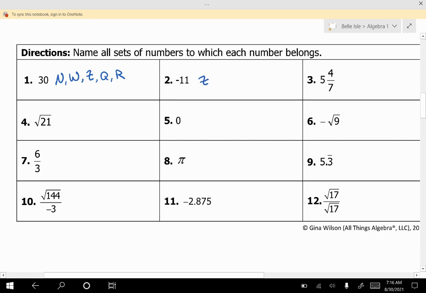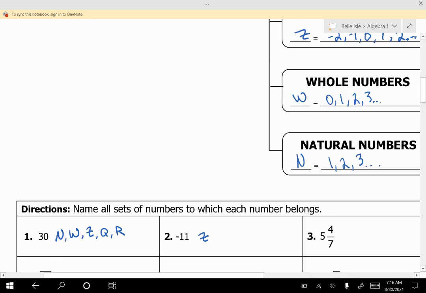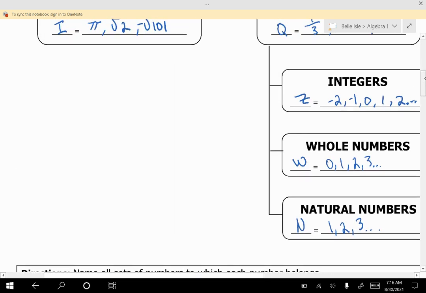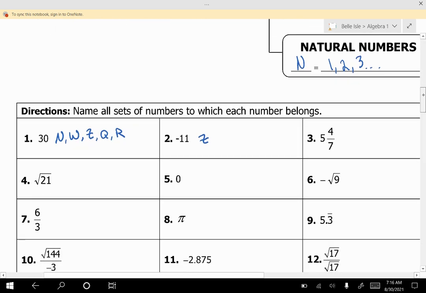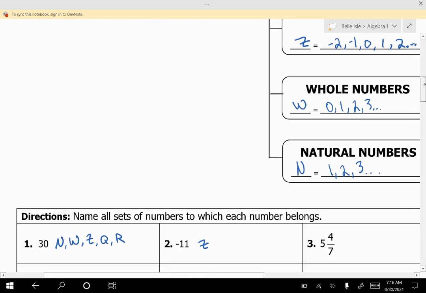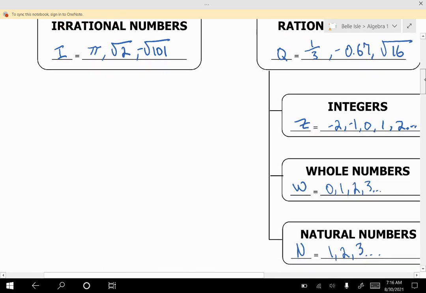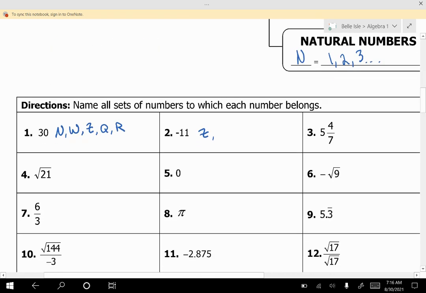Got Z. Okay, Z is an integer. Q for a rational number. And then R, because it is a real number.